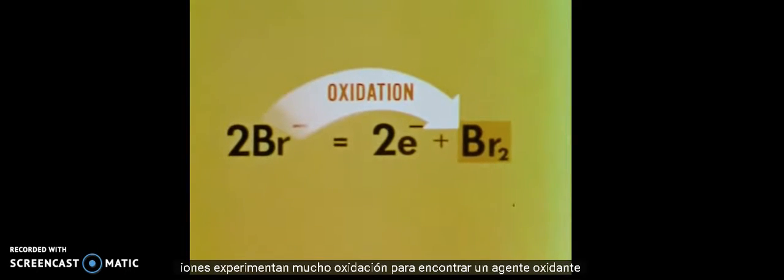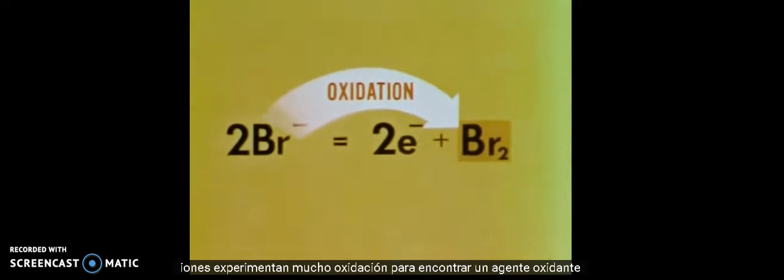What is needed to change the bromide ions to elemental bromine? From the formulas, we see that 2 bromide ions can form a bromine molecule by losing 2 electrons. That is, the bromide ions must undergo oxidation.